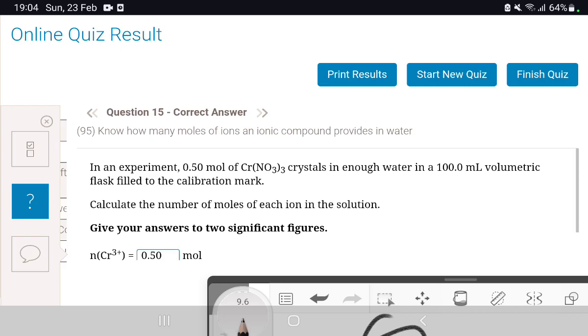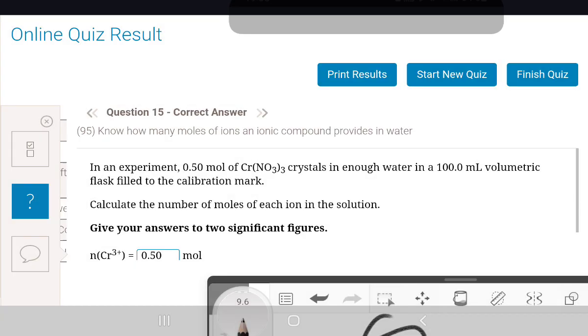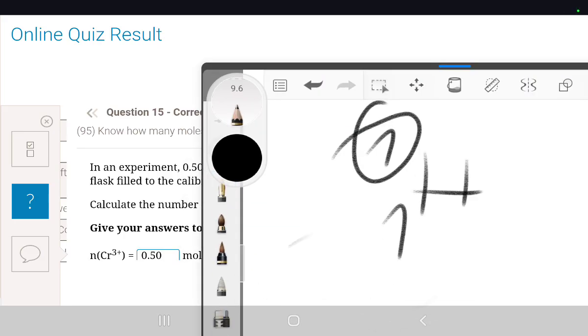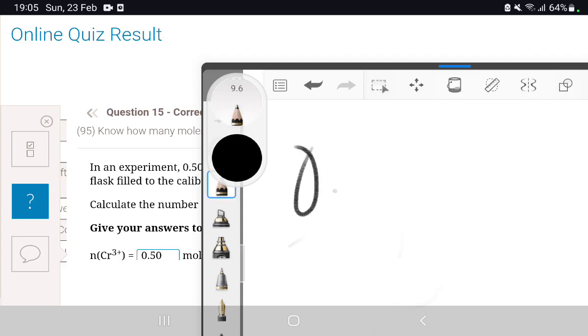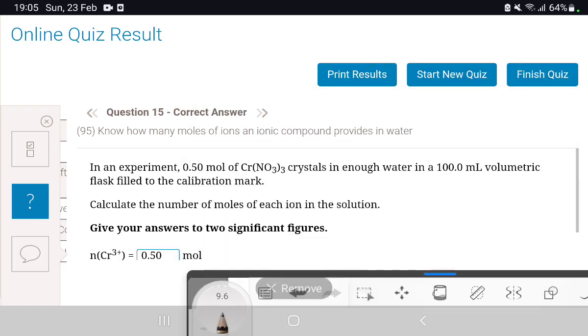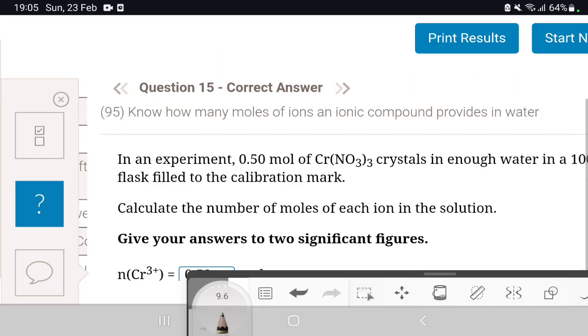In an experiment, 0.5 moles of CrNO3 crystals in enough water in a 100 milliliter volumetric flask fell to the calibration mark. Okay, so here they gave us the moles, and here it's really simple. All we're gonna do is multiply the moles by the concentration of the atom or the ion, which is Cr.